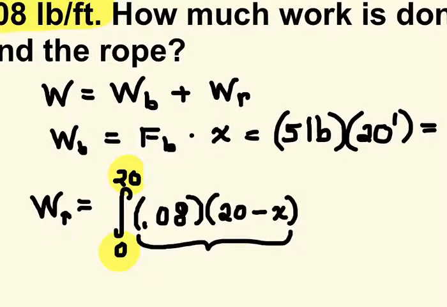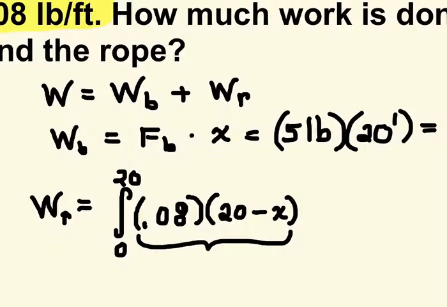I hope that you can see what's going on here: this part actually represents the weight of the rope given how much rope is there as we integrate from 0 to 20. Initially, when X is 0, all the rope is there. When we finally get to 20, then all the rope is gone. When we get to 10, as we're integrating from 0 to 20, 20 minus 10 is 10, and half the rope is there.